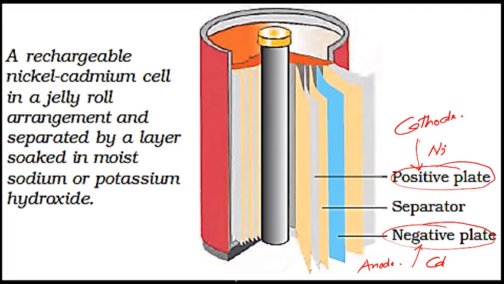Reduction will take place. Nickel +3 will get reduced to nickel +2. So here nickel 3+ to nickel 2+, reduction, and at anode Cd to Cd 2+, oxidation.